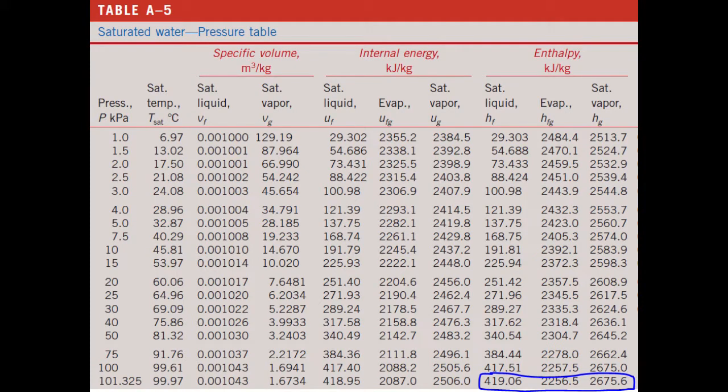So we can get all of those values in a steam table. Same one that we went to before. Again, on the bottom, I have it highlighted in blue, where you can see the values that we need.